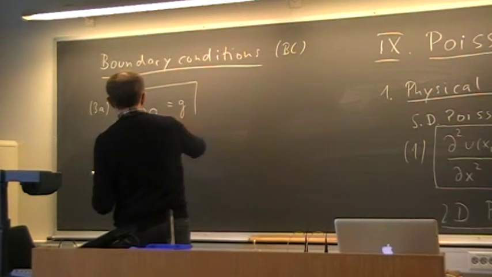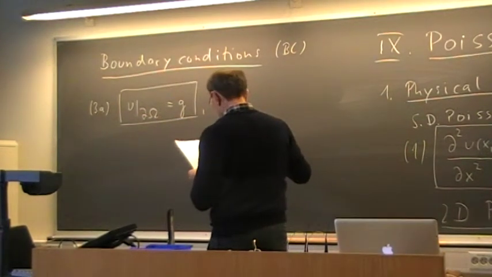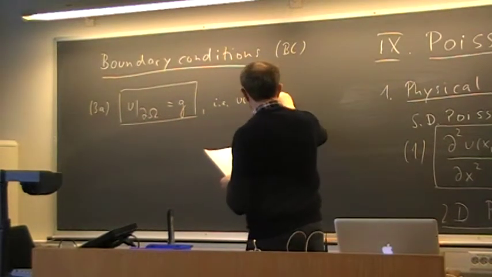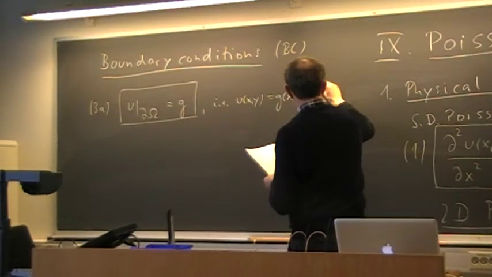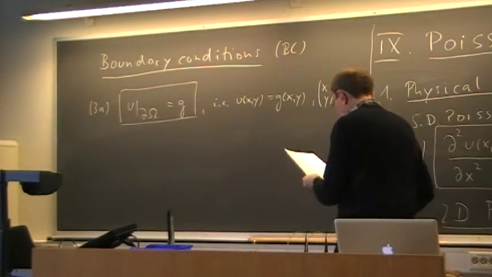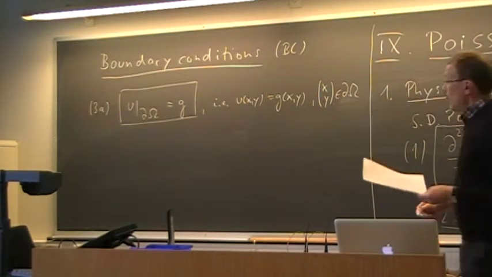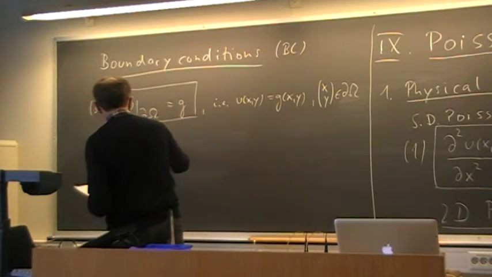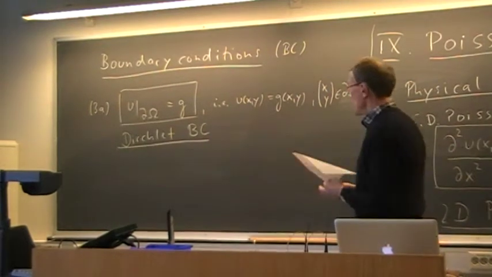So when we write this, we understand that u, our solution to the Poisson equation, is equal to some given function g of x, y for x, y on the boundary of omega. This is called a Dirichlet boundary condition, which we have already seen.